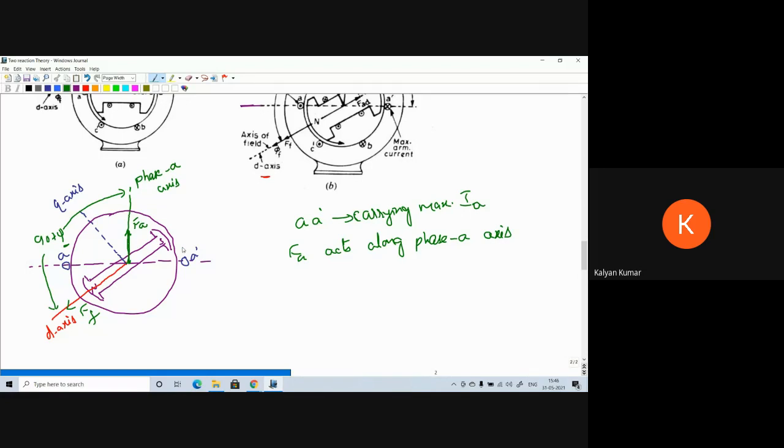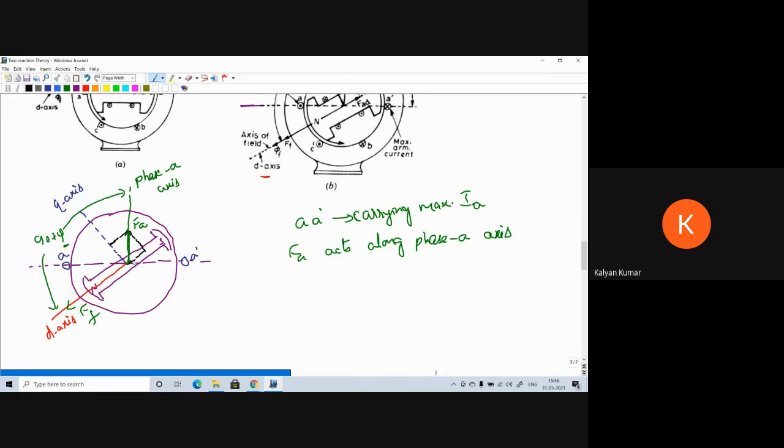So to overcome this problem, what Blondel has suggested is he has resolved this FA into two components. So this is one component, horizontal component, vertical component.